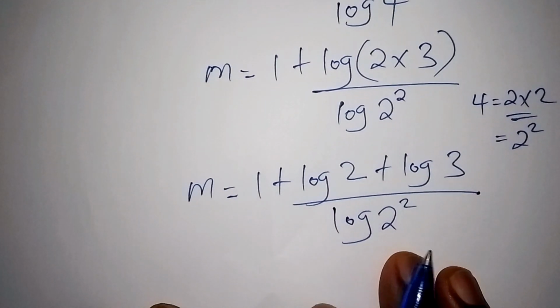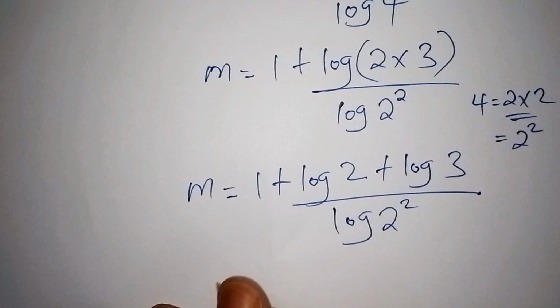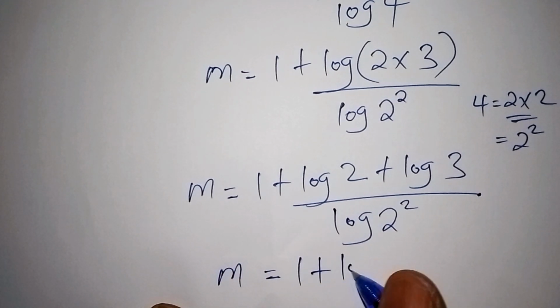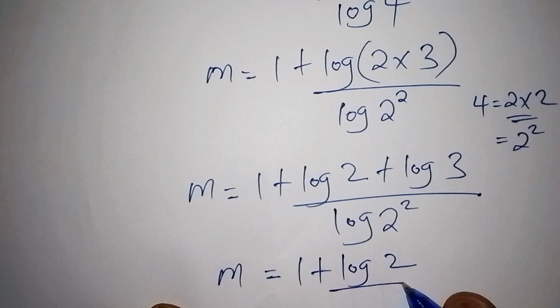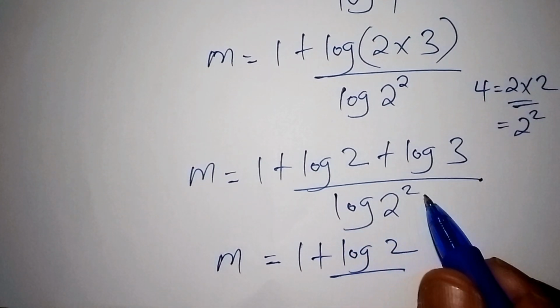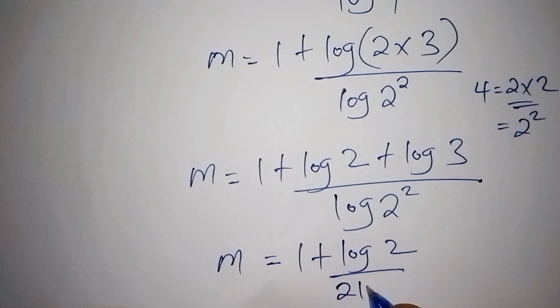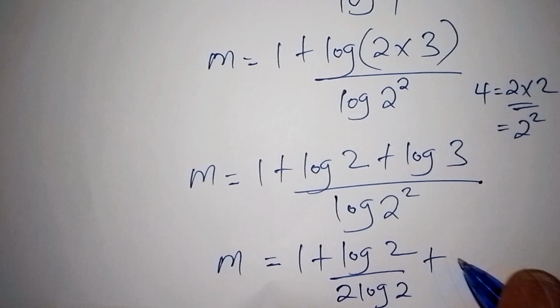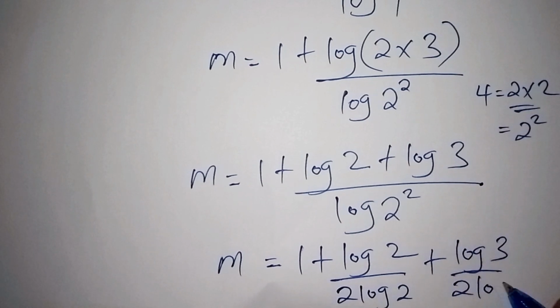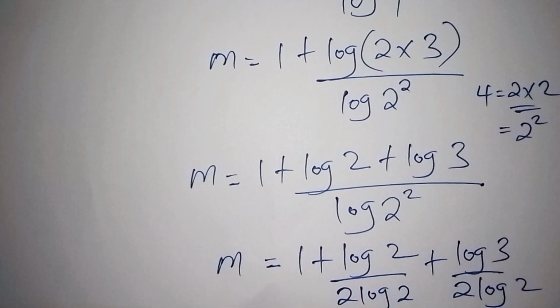So m is equal to 1 plus the log of 2 all over, instead of having the log of 2 to the power of 2, can also be written as 2 log 2, plus here now the log of 3 all over 2 log 2. So let's now work it out.